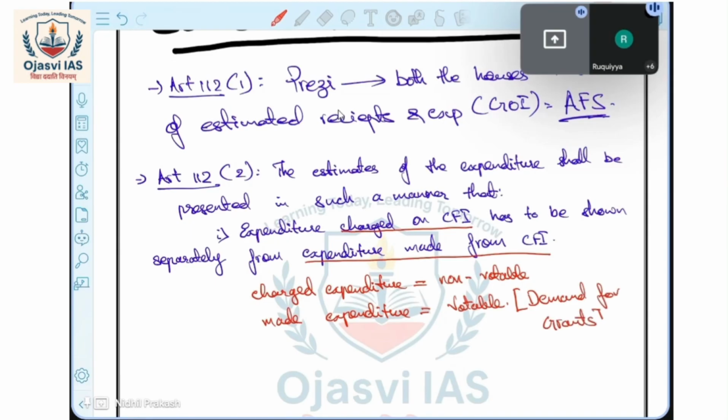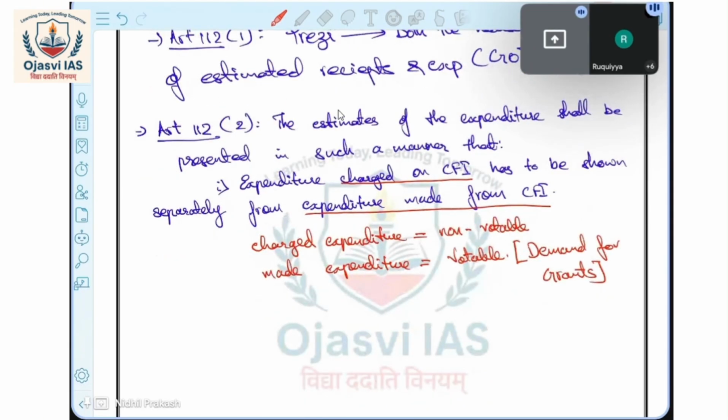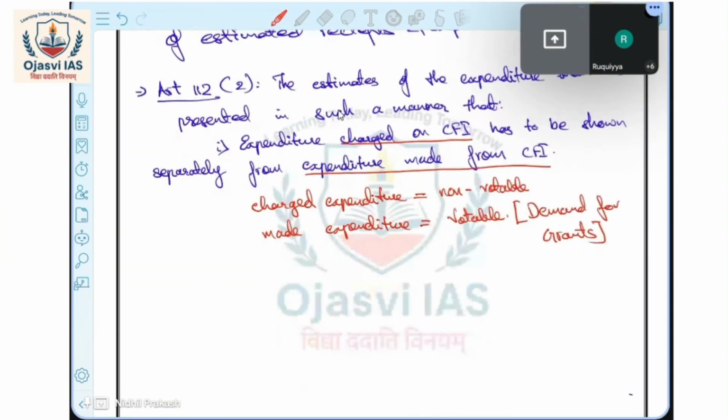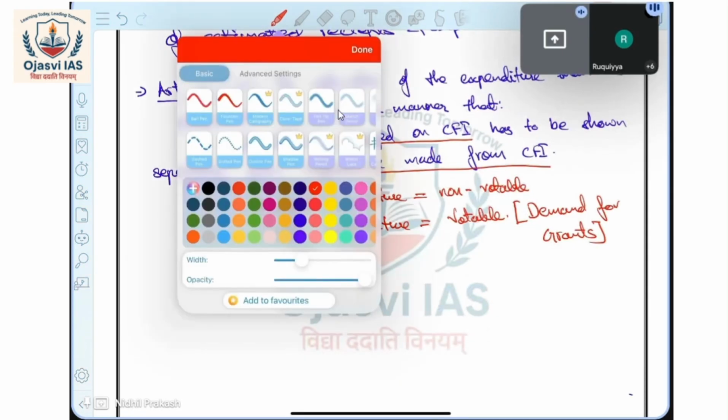For people who have not come across the statement demand for grants, you will learn it. Right now you just need to understand that charged expenditure means it won't be voted upon. The Parliament won't vote on that expenditure. We will come back to it specifically.